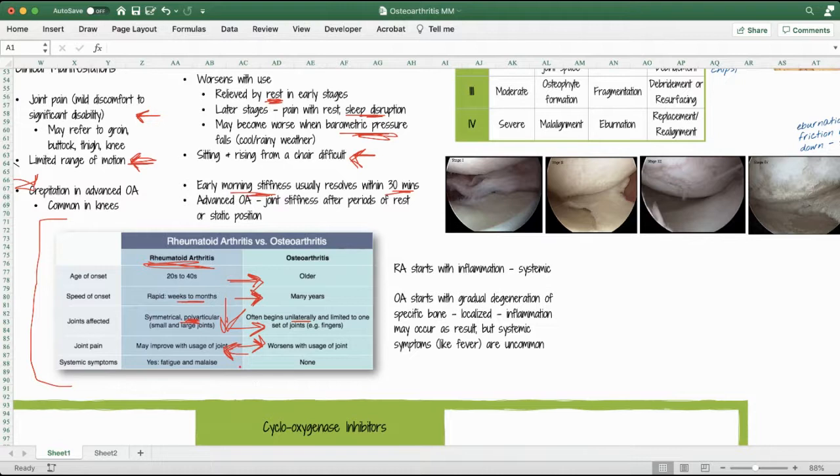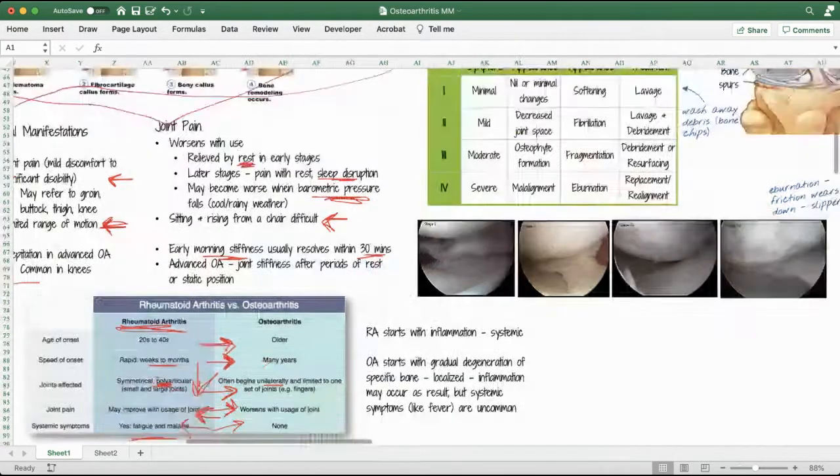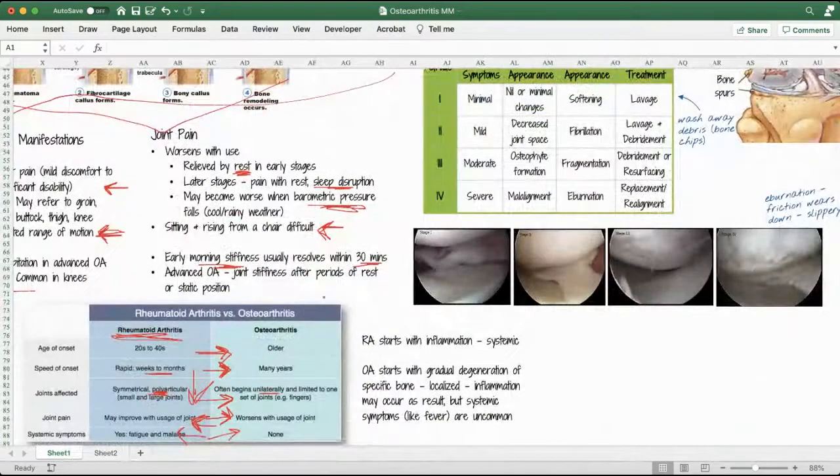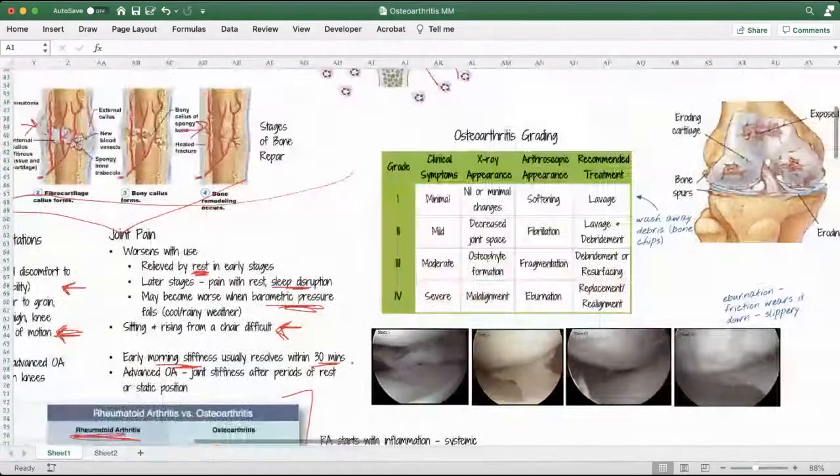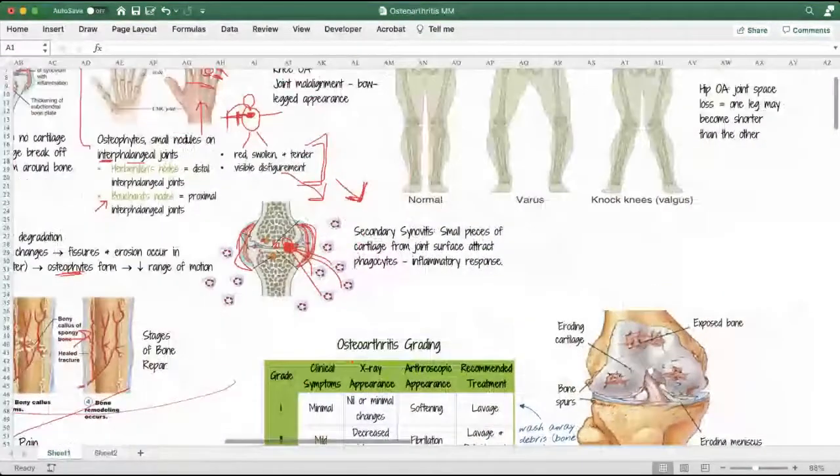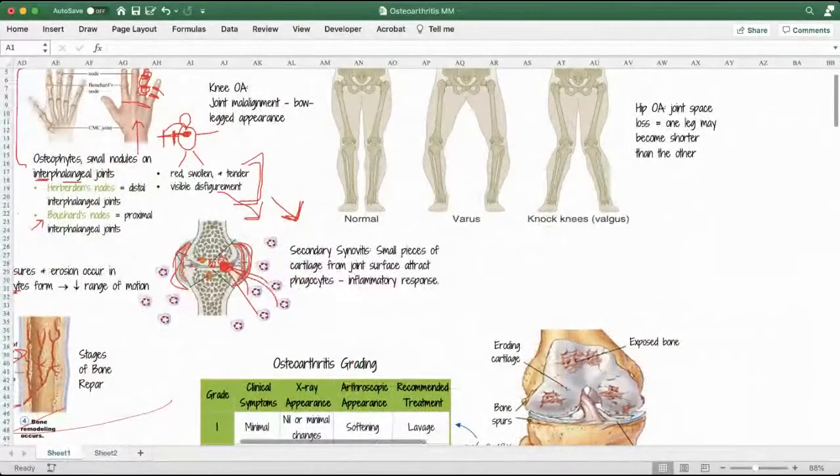And then you really shouldn't have other symptoms with osteoarthritis. Again, rheumatoid arthritis, because it's autoimmune, you're going to have other symptoms that come along with it. So this is super important to know for NCLEX for sure. It may be important as well for your exam. I just want to not skip these up here.